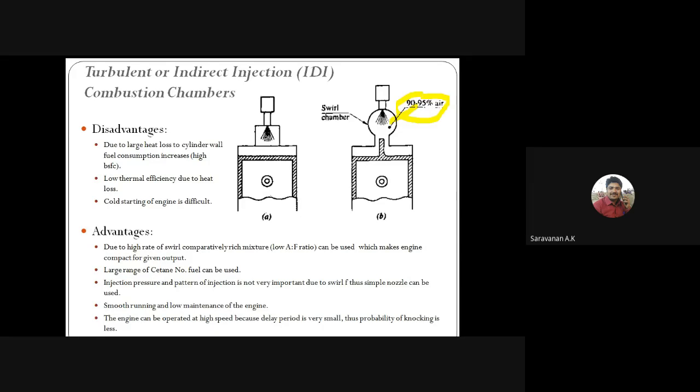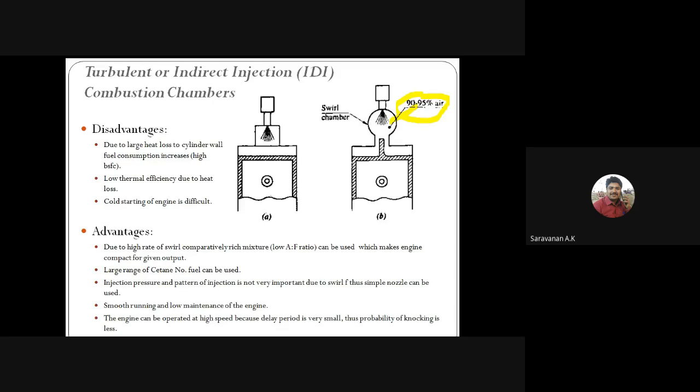A high rate of air movement, called the air swirl, will be produced in this turbulent or indirect injection combustion chamber.